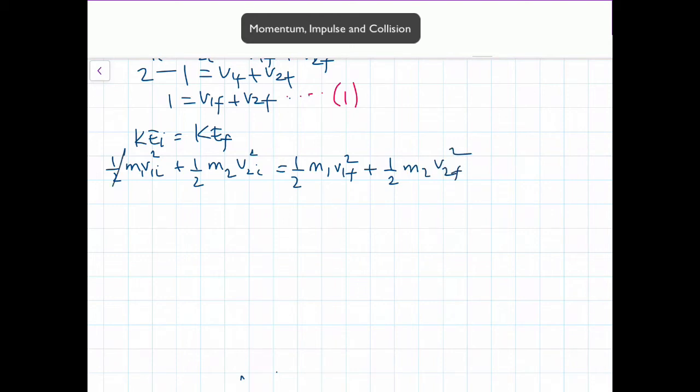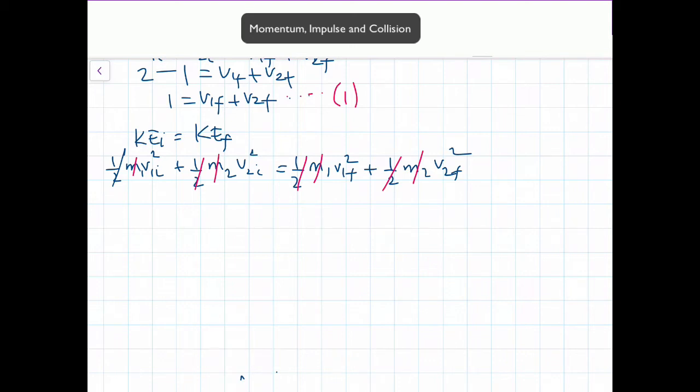Half is common. You can eliminate the half. Mass is common because they are equal. You can eliminate them as well. The next thing you will probably need to do is substitute all your given values. But instead of doing that, what I'm going to do is the following.